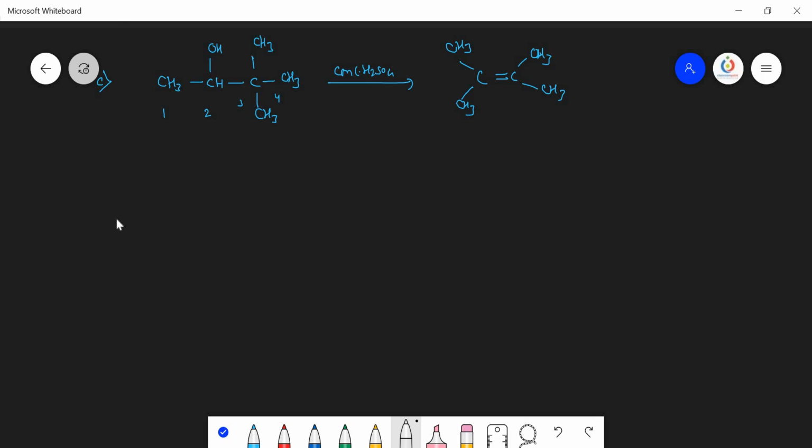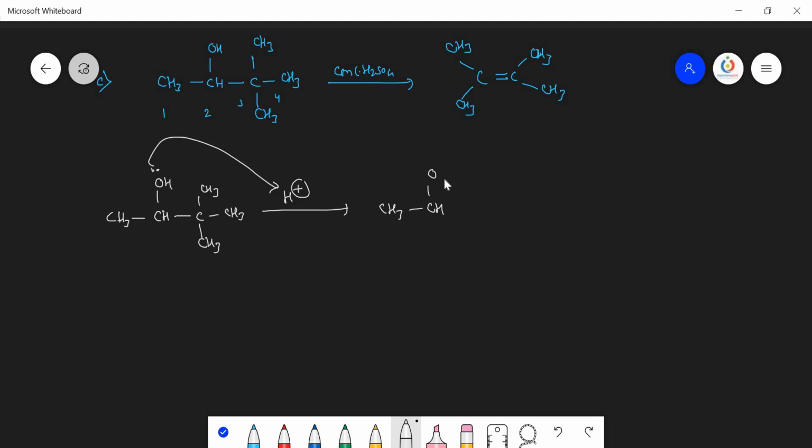So in the mechanism, the initial step is the same, protonation of the alcohol. OH, C, CH3. These are the three methyl groups. H plus from the acid catalyst, protonation takes place, so that the oxonium ion shall be created.